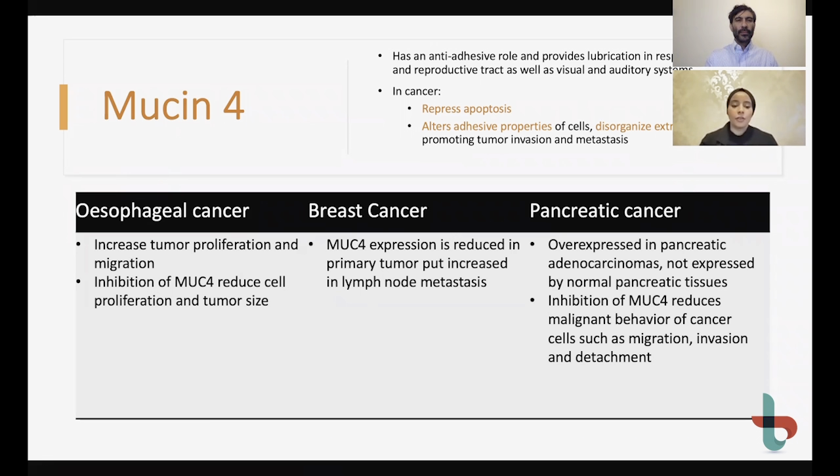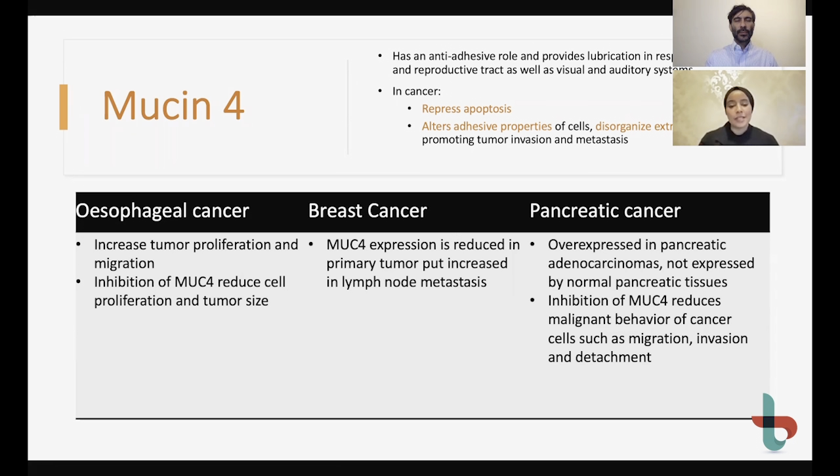In esophageal cancer, there is increased tumor migration and proliferation associated with high levels of mucin-4 expression. Studies have shown that the inhibition of mucin-4 can reduce tumor proliferation and tumor size. And this is very good because it means that we can perhaps develop specific therapeutic agents against mucin-4.